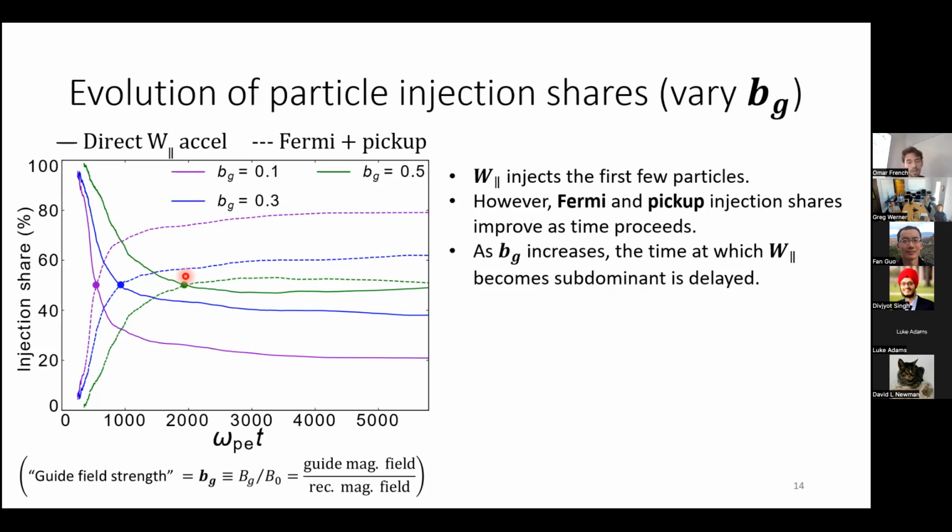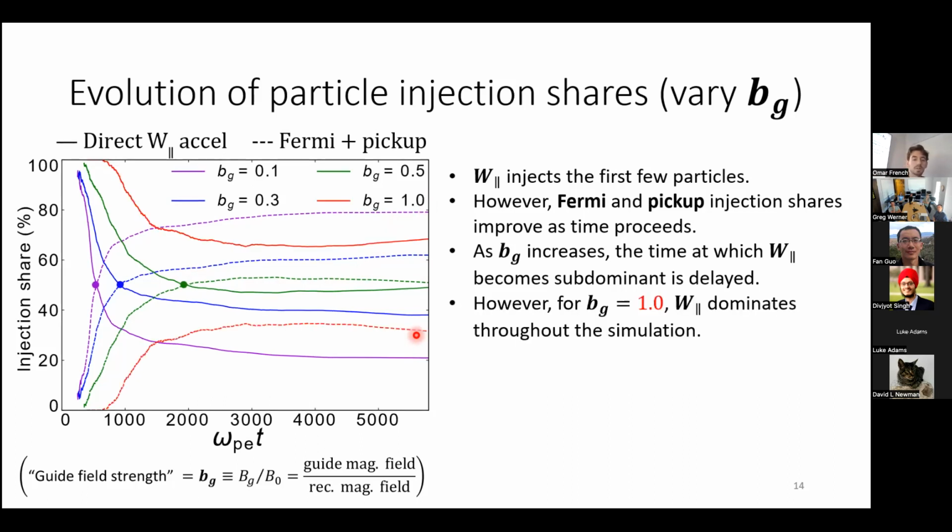Furthermore, as you get to stronger guide fields, the amount of dominance that Fermi and pickup have near the end weakens. However, if you increase the guide field enough, let's say to 1.0, then parallel electric fields dominate throughout the entire simulation, and there is no point at which Fermi and pickup injection end up dominating. So this is an interesting fact.